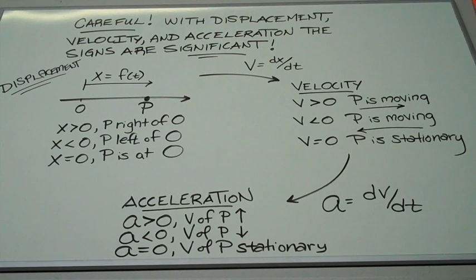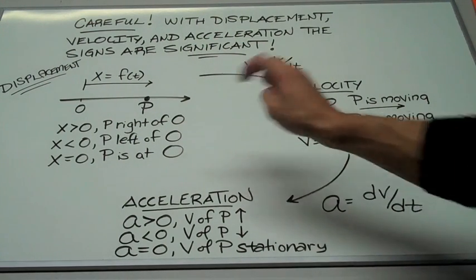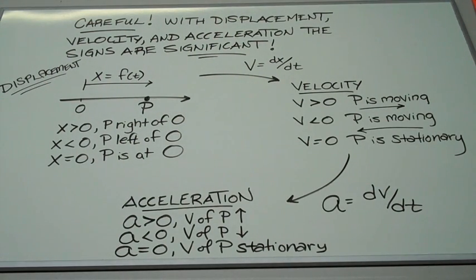With displacement, here, if the point P is to the right of our point O, then our displacement is positive. If x is greater than 0, our displacement is positive.